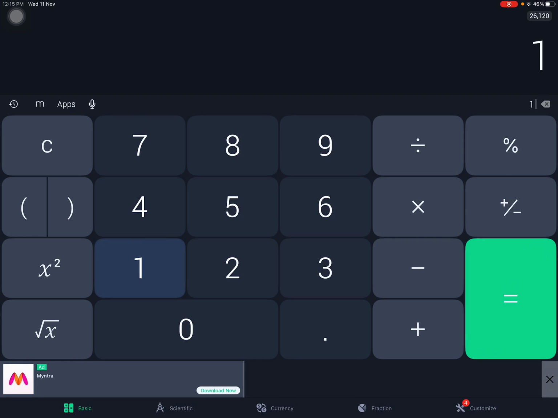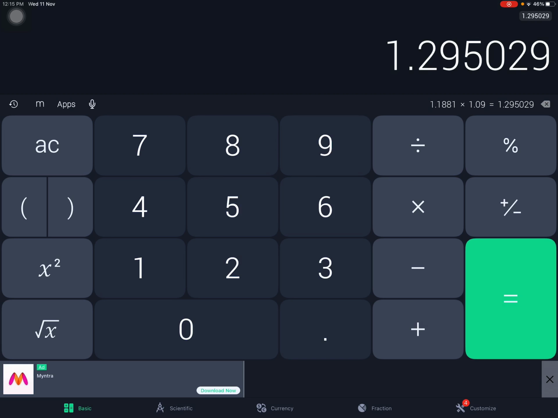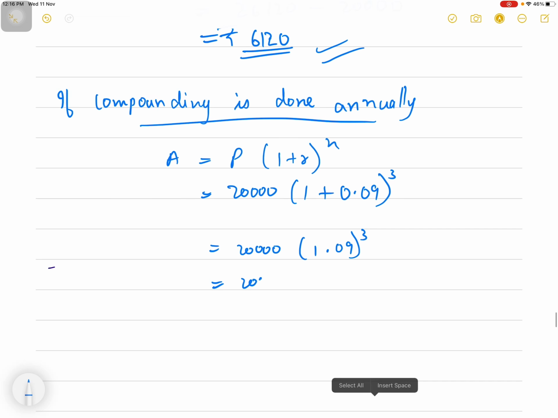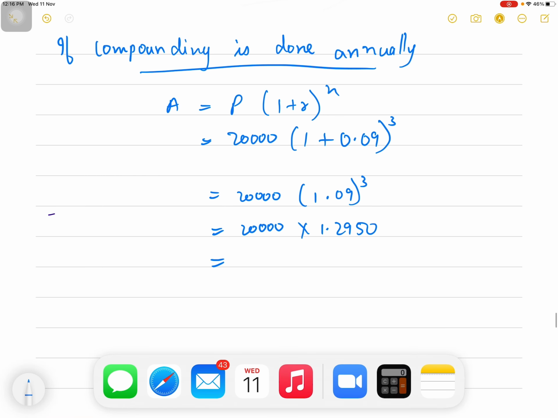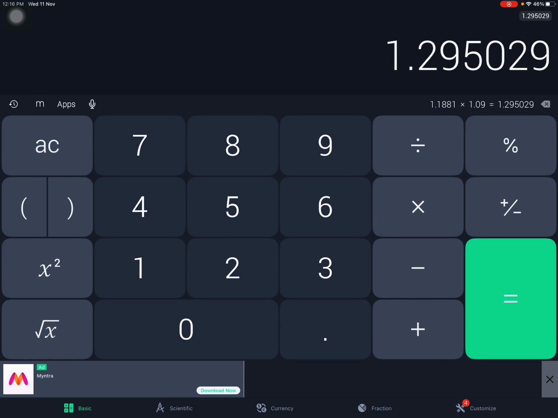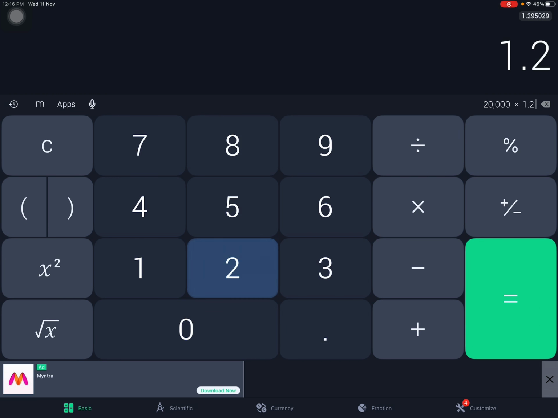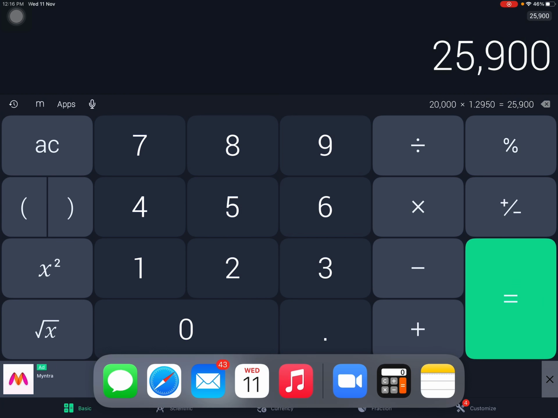Let's solve that. 1.09 into equal, so raised to 3 means 1.2950. 20,000 into 1.2950. When you multiply this, 20,000 multiplied by 1.2950 comes to 25,900.